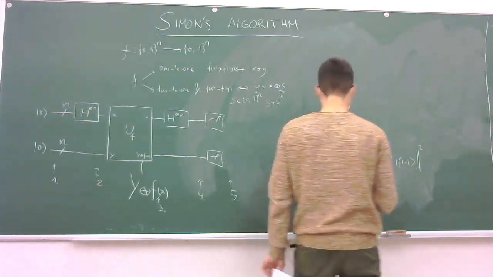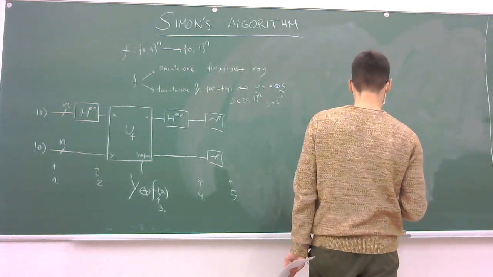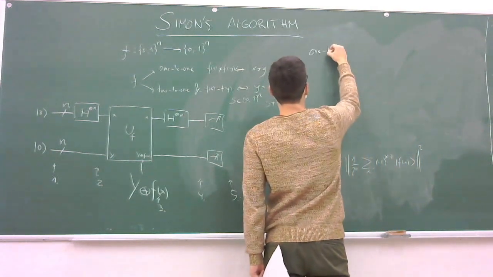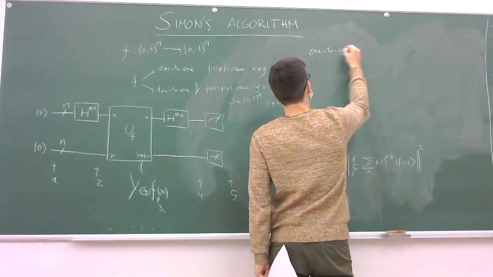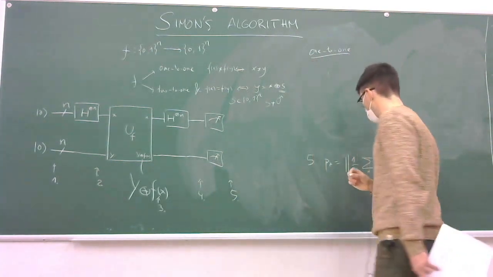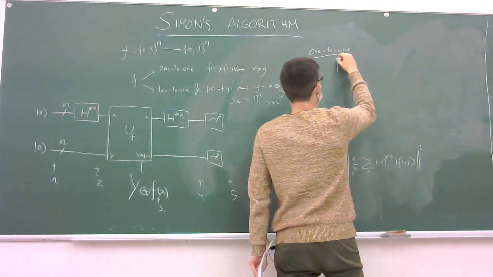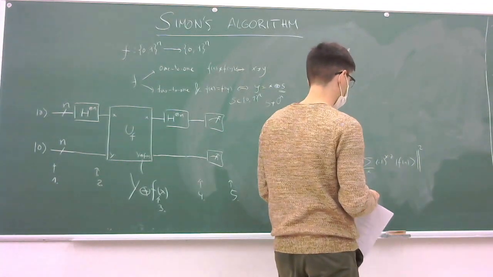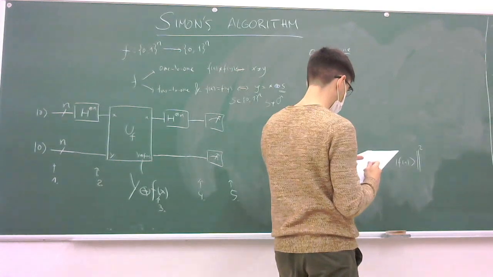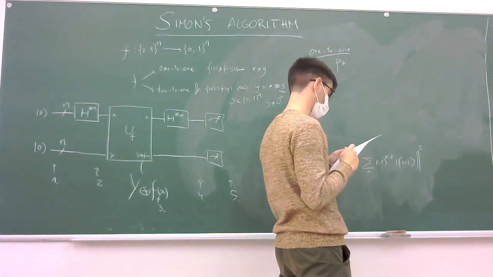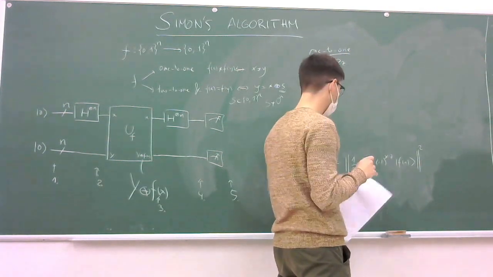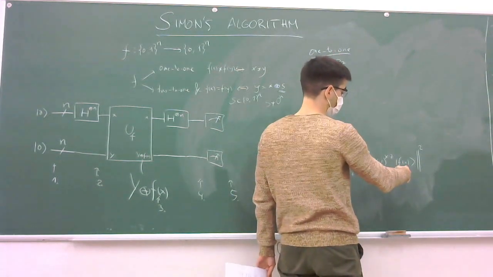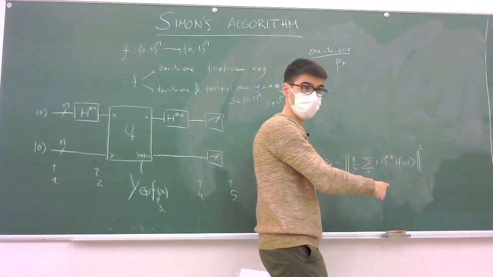Okay, so now let's see what happens if the function is 1 to 1. If it is 1 to 1, then every f is different.